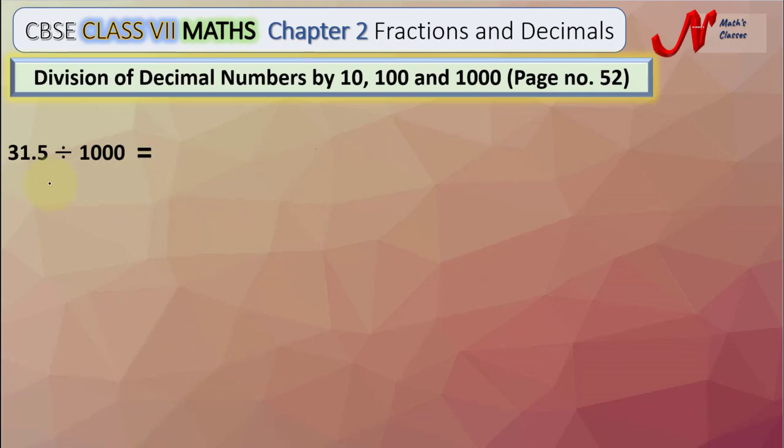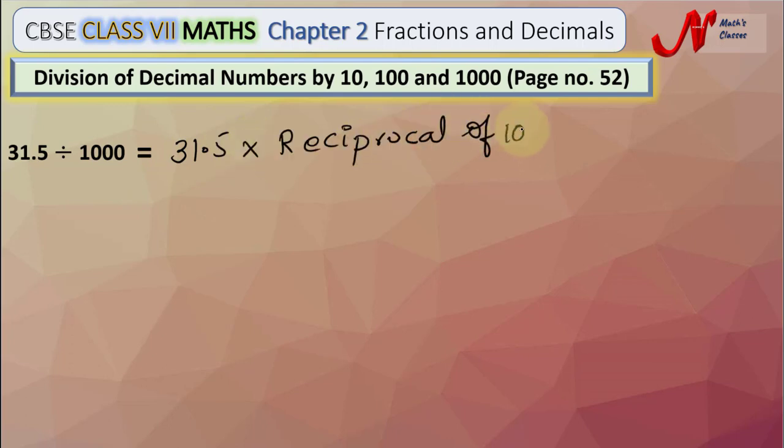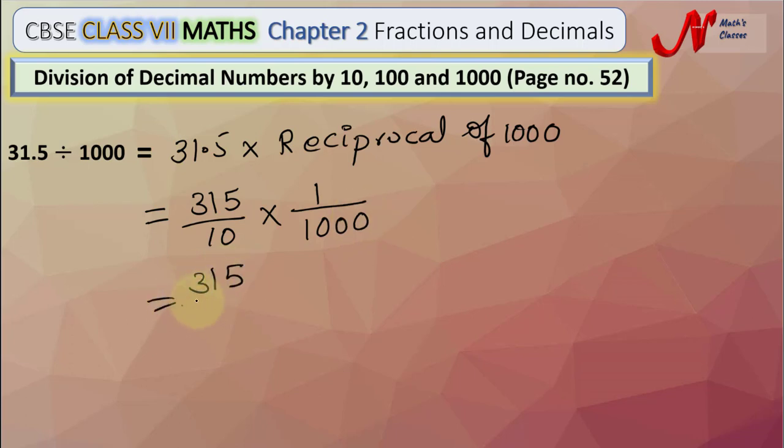Now we divide 31.5 by 1000, so it can be written as 31.5 into reciprocal of 1000. So which is equal to 315 by 10 into reciprocal of 1000, which means 1 by 1000. We can write it as 315 by 10,000.